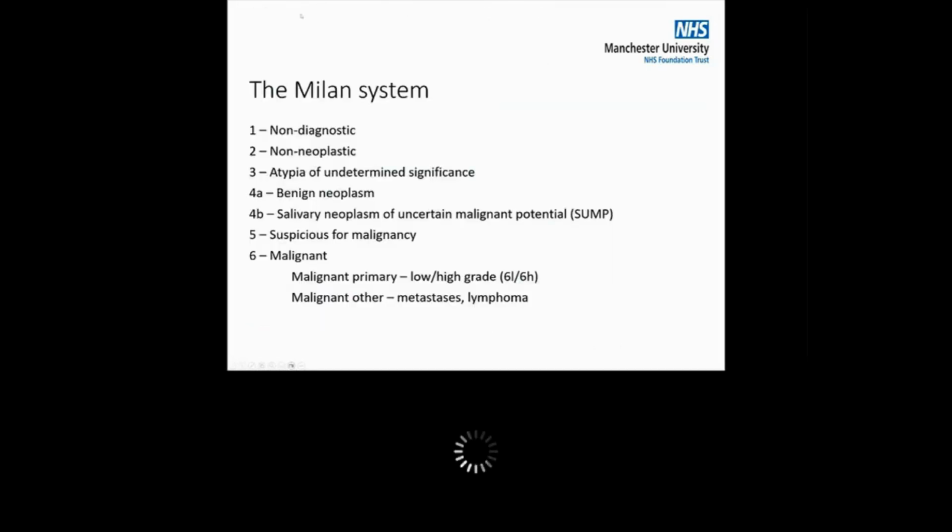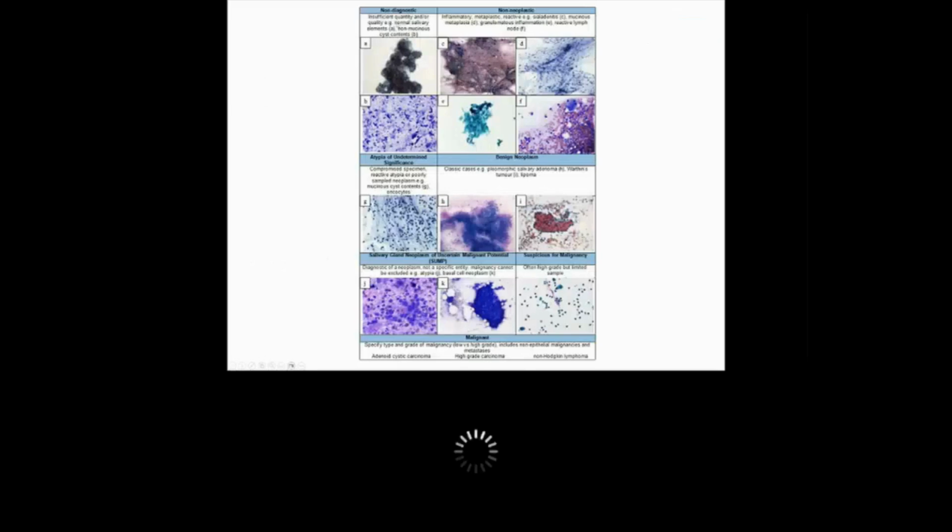with the aim to standardise reporting of salivary gland FNAs and aid communication of the results to the clinical teams. The Milan system for salivary gland cytopathology was published in 2018. Here's a nice table demonstrating some of the uses of each of the categories, and we'll go on to discuss these shortly.